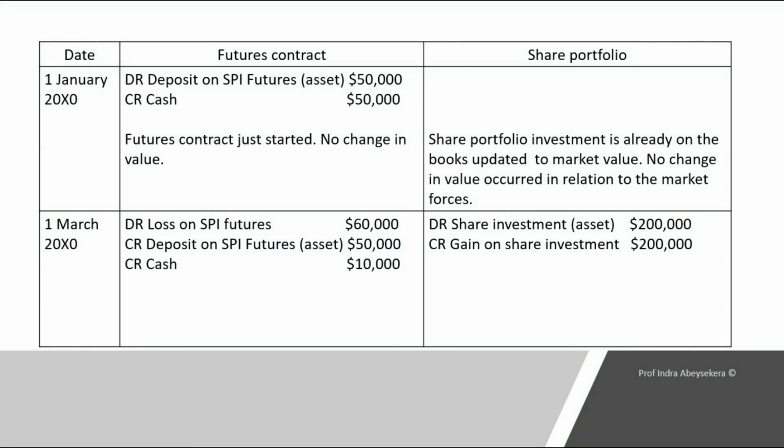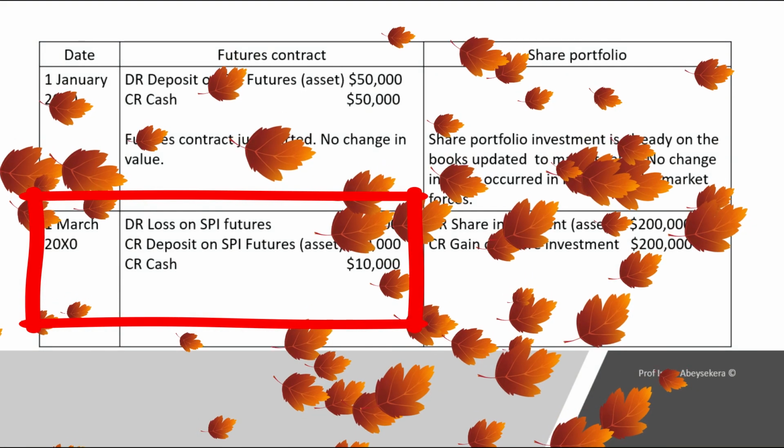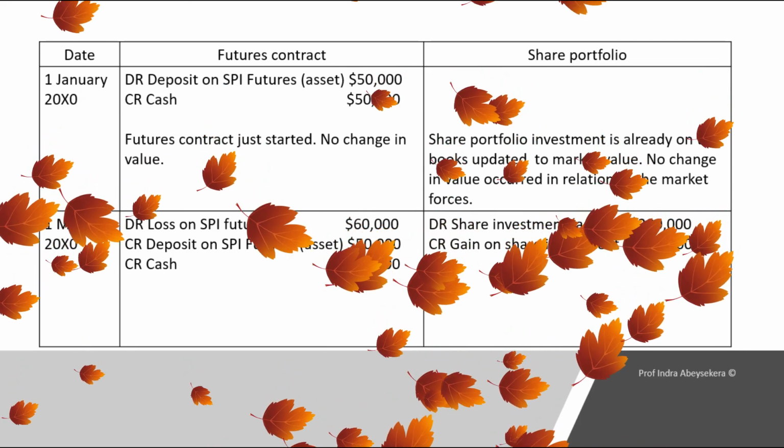On this settlement, the deposit money is now being used to make up the loss, and additional cash of $10,000 is being paid out by the company to settle the futures contract.